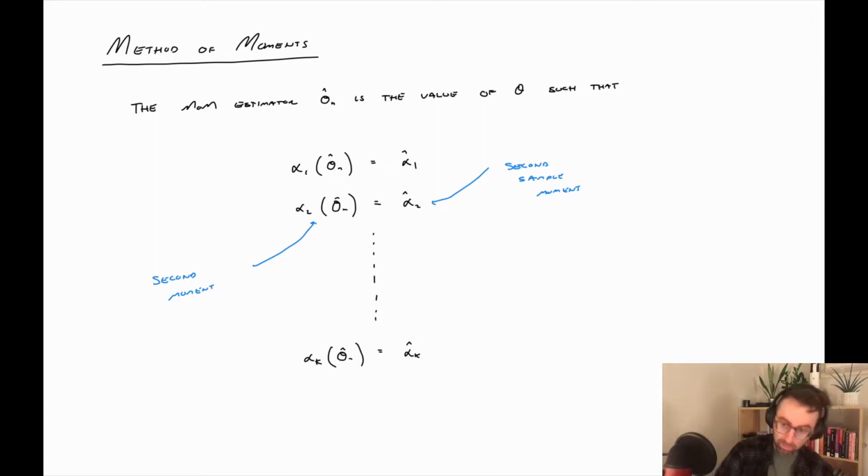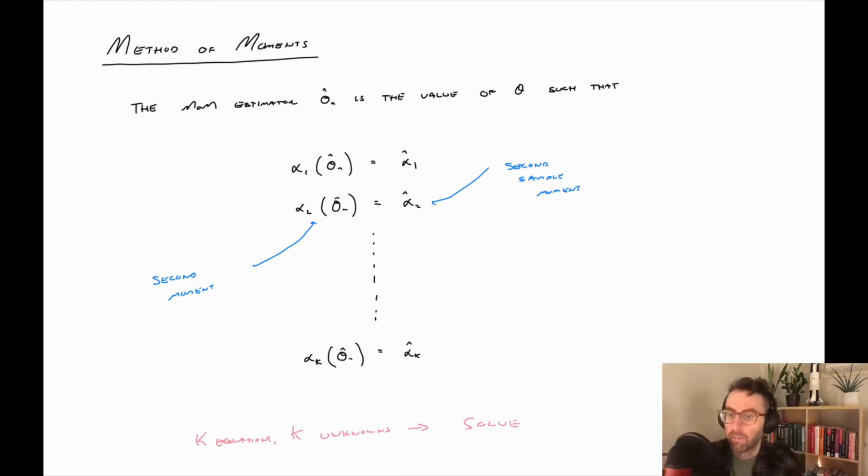So through doing this, we're going to have k equations. And we're also going to have k unknowns. That is horrible handwriting. And then you solve that. And this hopefully is a somewhat intuitive procedure, right? We would hope that the sample moments are close to the real moments.